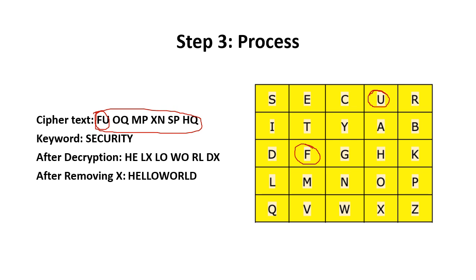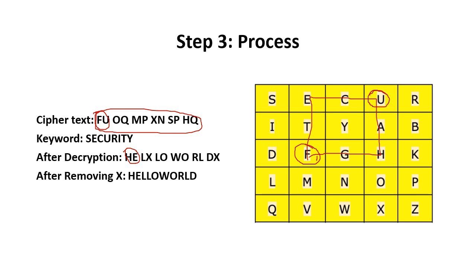So here we have F and U. We replace F with H, because both letters appear in different rows and columns, forming a rectangle. So instead of F, we write H, and instead of U, we write E. This pair, FU, is replaced with H and E.